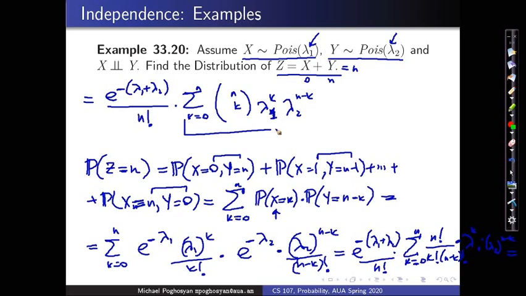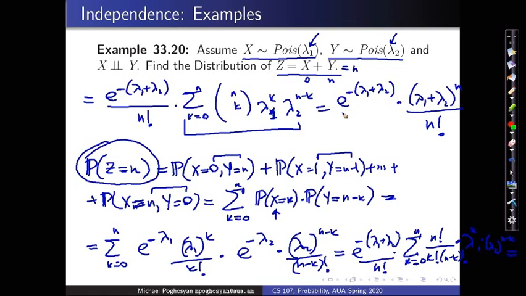And you can see that this is just the binomial formula for (lambda 1 plus lambda 2) to the n. So I will have e to the minus (lambda 1 plus lambda 2) times (lambda 1 plus lambda 2) to the n, over n factorial. So we have obtained that this is equal to that.